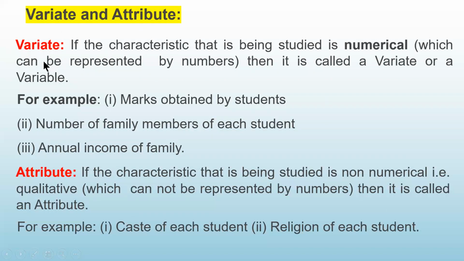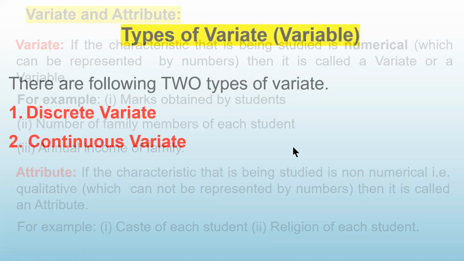Then variate is what? Variate is any characteristic which can be written in the form of number. जिसको हम नंबर के फॉर्म में लिख सकते हैं, that is variate, और जिसको नंबर के फॉर्म में नहीं लिख सकते हैं, that is attribute. Now variate दो तरह के होते हैं, discrete and continuous.